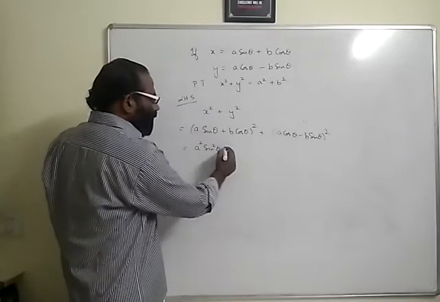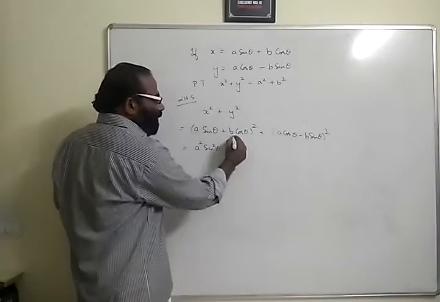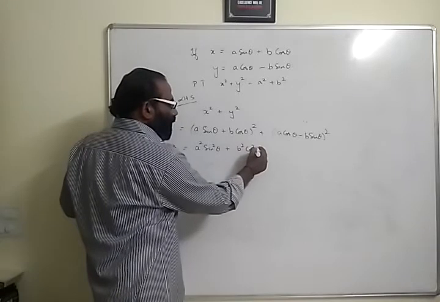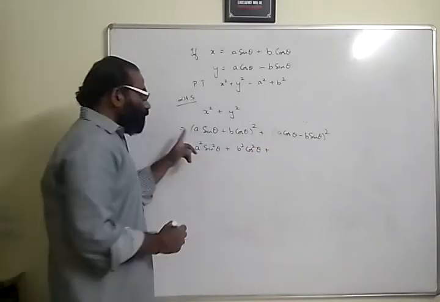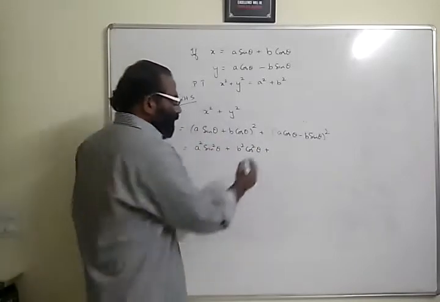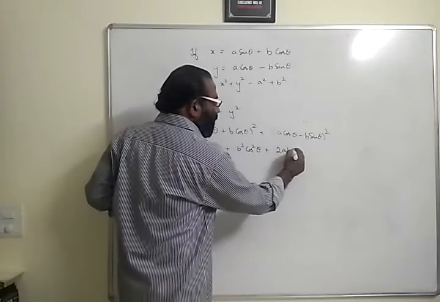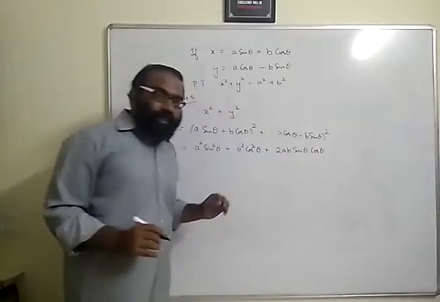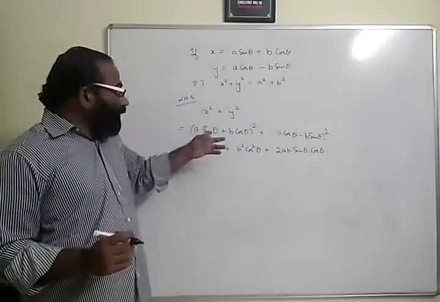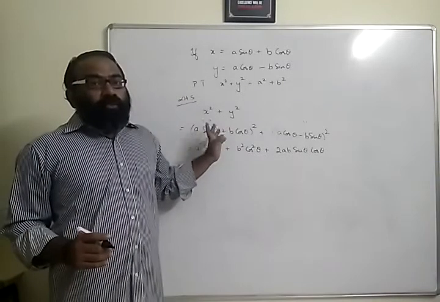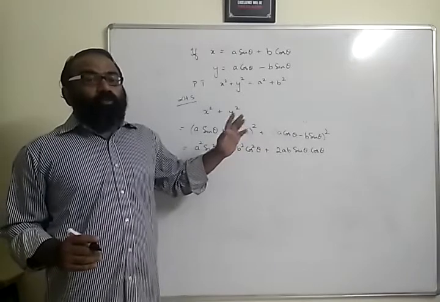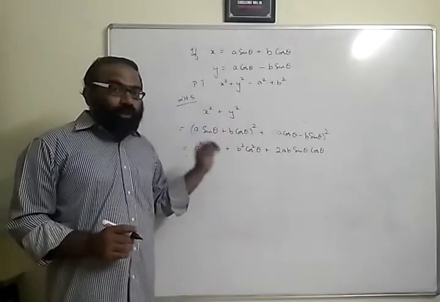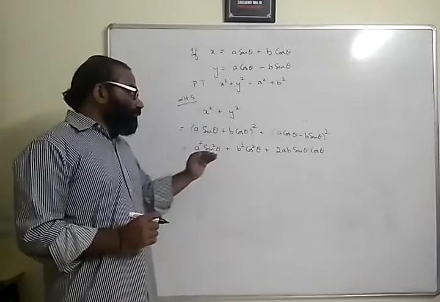So we just use that. So a square plus, this is the second part, so b square cos square theta plus 2ab sin theta cos theta. The mistake many make is they take x plus y whole squared equals x squared plus y squared. So please be careful, know the identities properly.